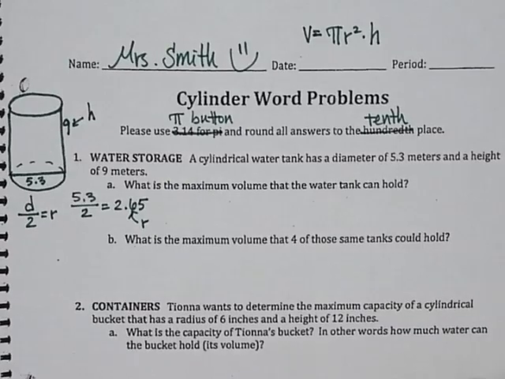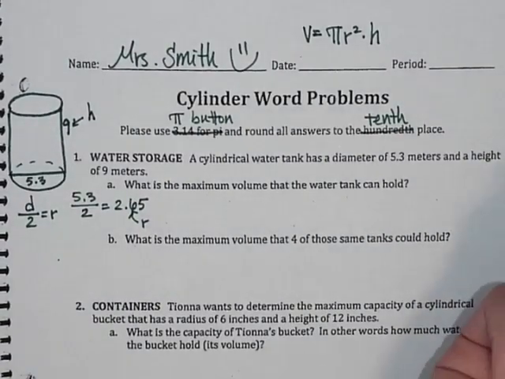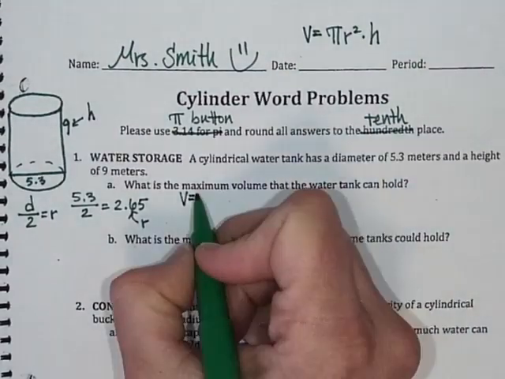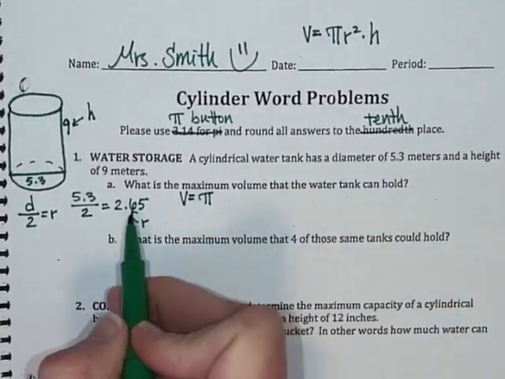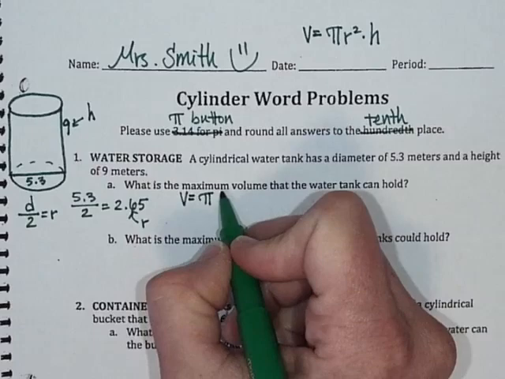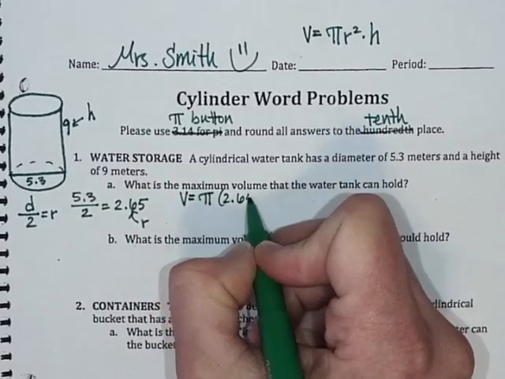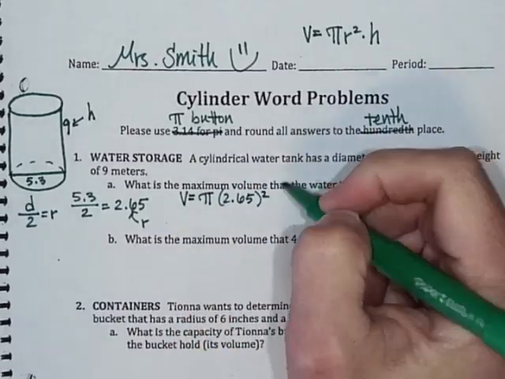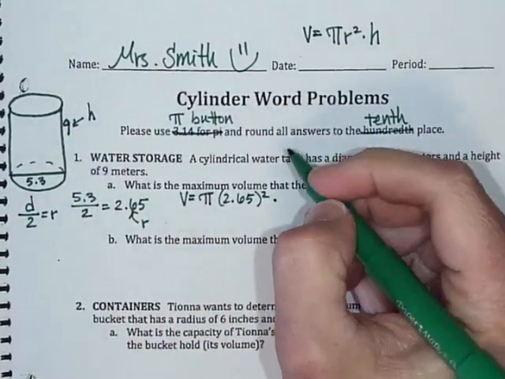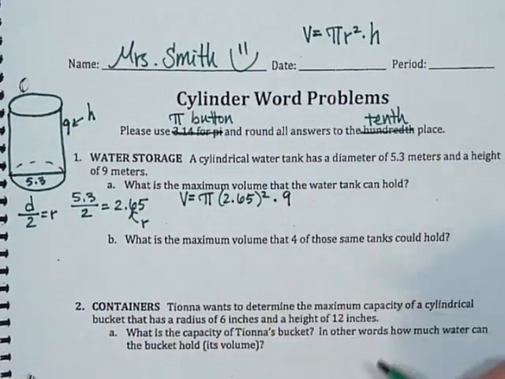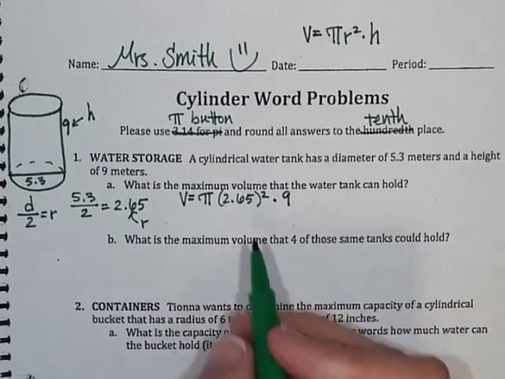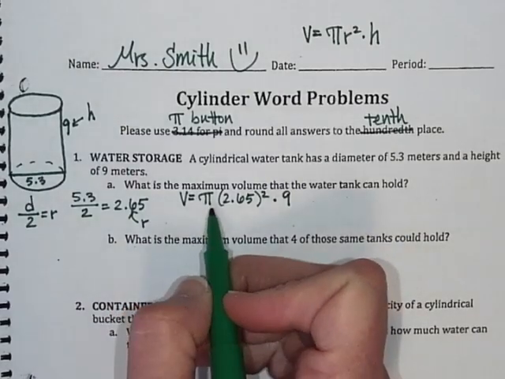Let's plug it into our formula. Volume equals pi r, which is 2.65, squared times height. And that height was 9. Now the first version of our answer we're going to leave in terms of pi. That means the little symbol for pi will still be in our answer.